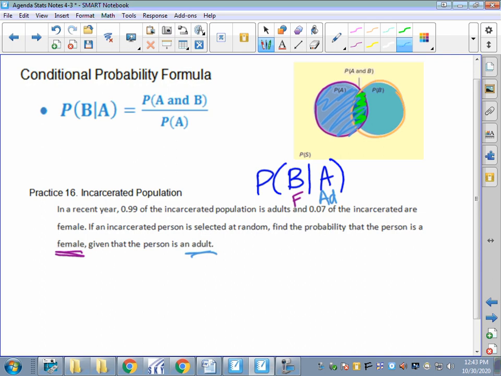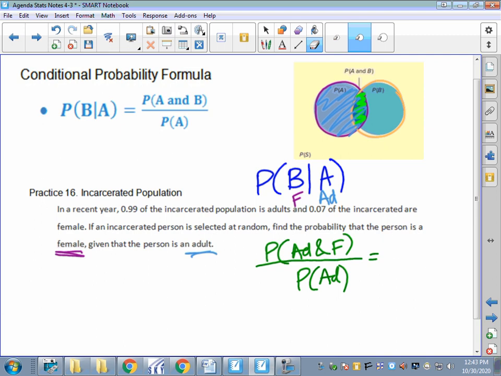So if we're going to do that, then we're going to do the formula, the probability of A and B. So the probability of adult and female divided by the probability of adult. So let's see what we've got to fill in. What's the probability of adult and female? 0.07 over the probability that it's an adult, which would be 0.99.